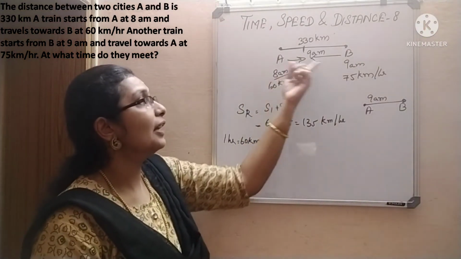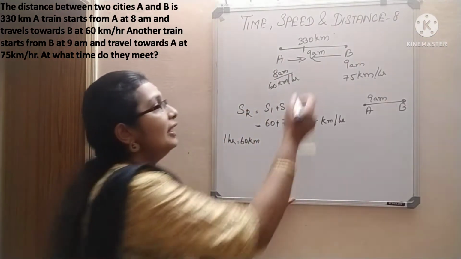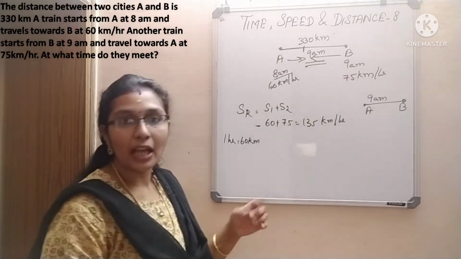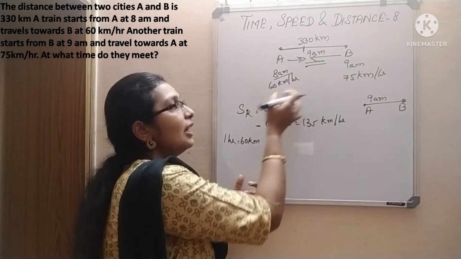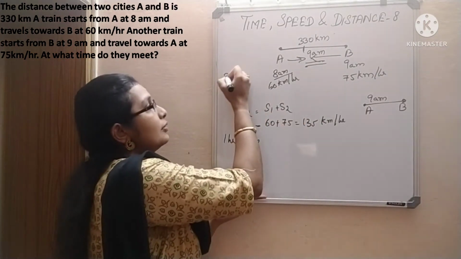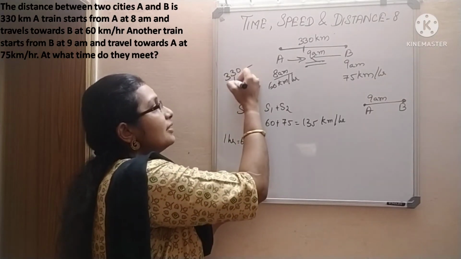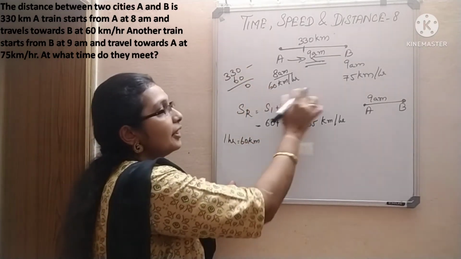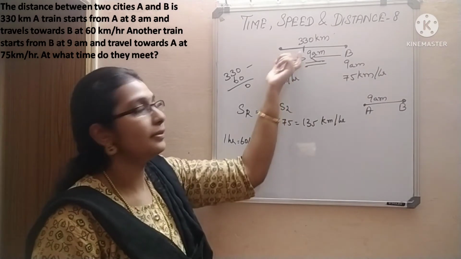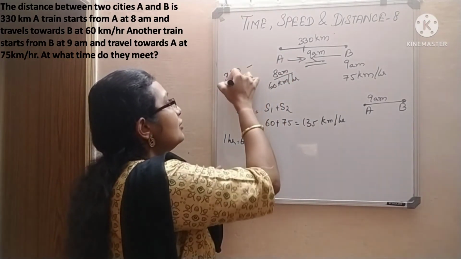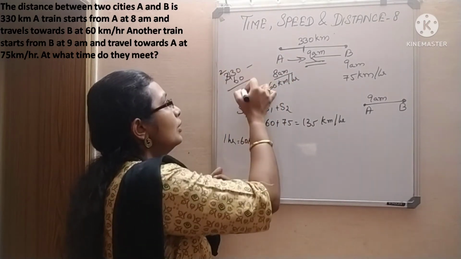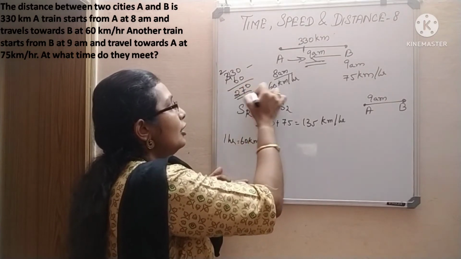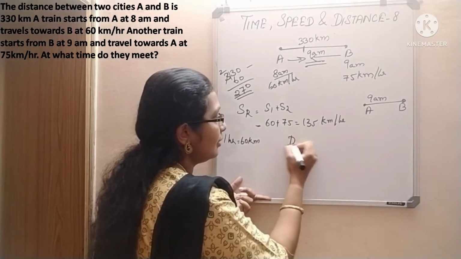Correct? So after 1 hour only we are going to take the timing. Correct? After 1 hour. So in that 1 hour it is covering 60 km. So 330 minus 60 you have to do, because already 60 km is covered in this 1 hour. So your distance you will have to reduce to 270. Clear? So this is the actual distance now.